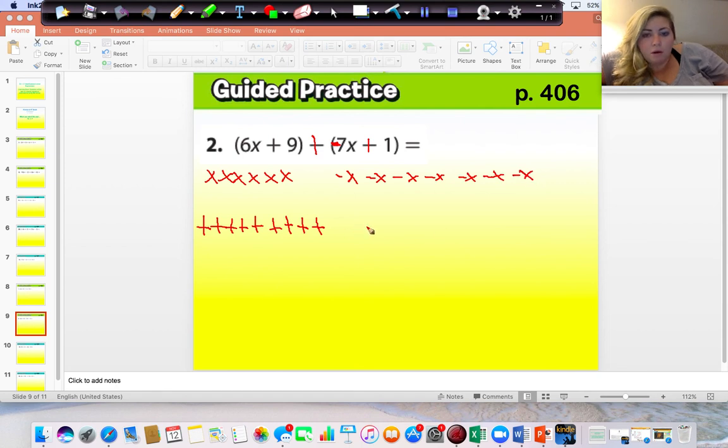Okay, and then 1 positive. Okay, so I need to cancel out my positives with my negatives. So I'm left with 1 negative x, and I've got a total of 10 positives.